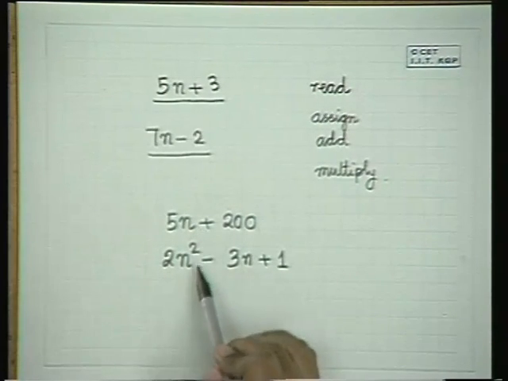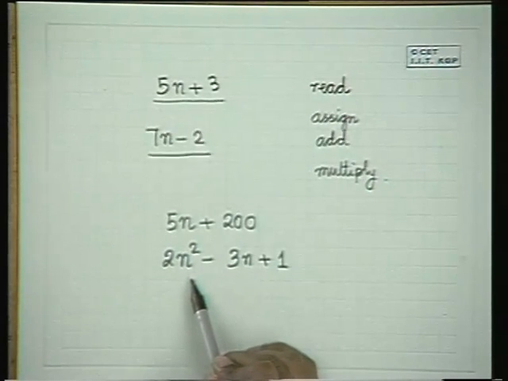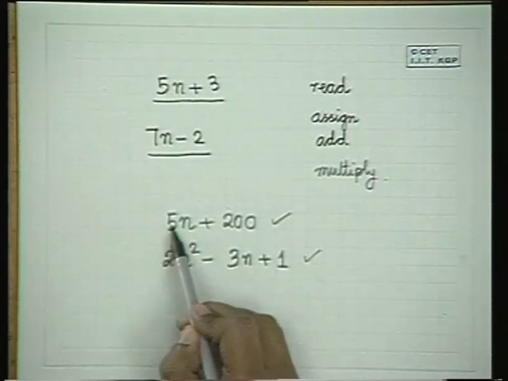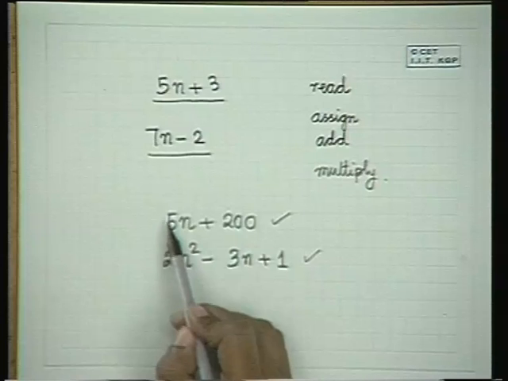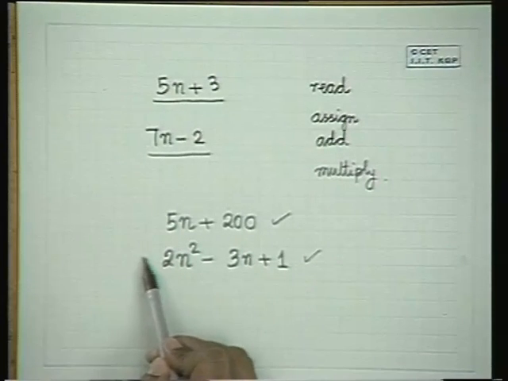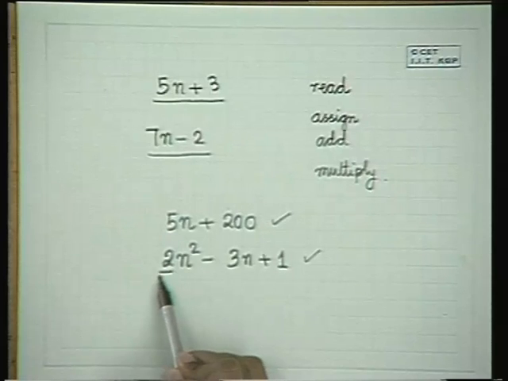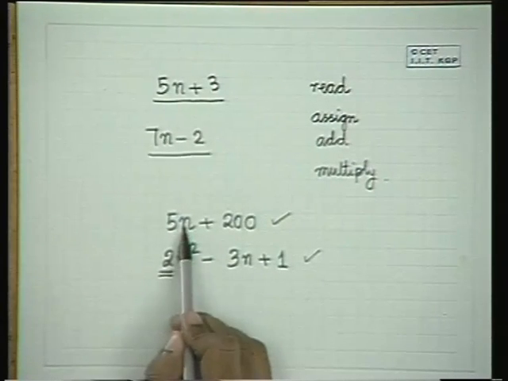Yes, when n is large, that is when n tends to infinity, then this will be better than this irrespective of what is the constant here. If this constant is any positive number, then when n tends to infinity, this will be faster than this.